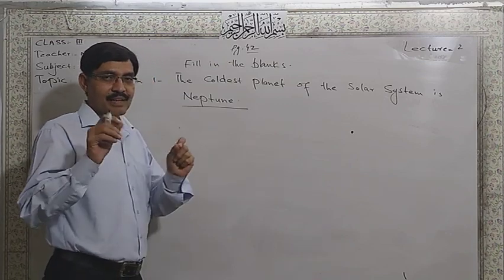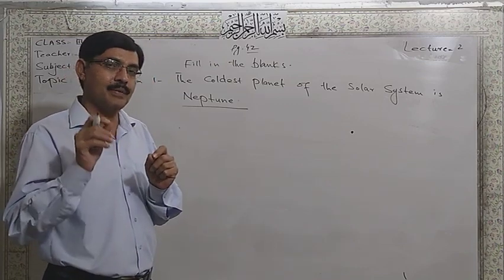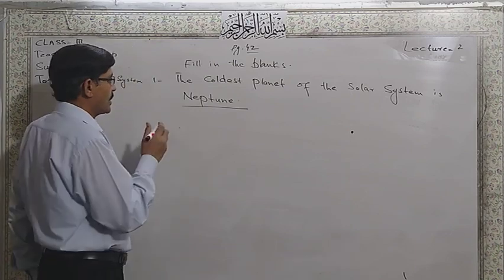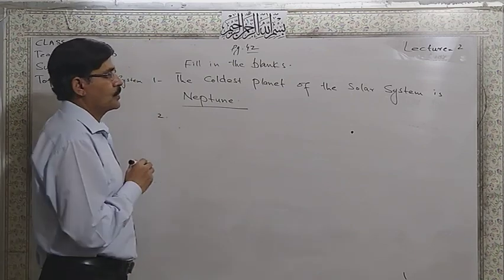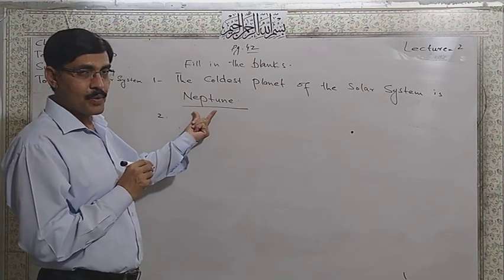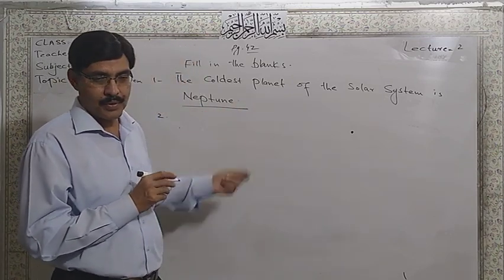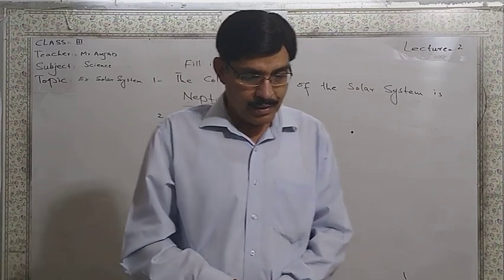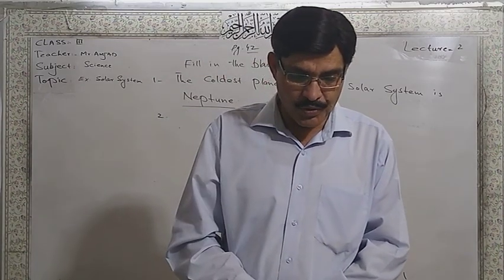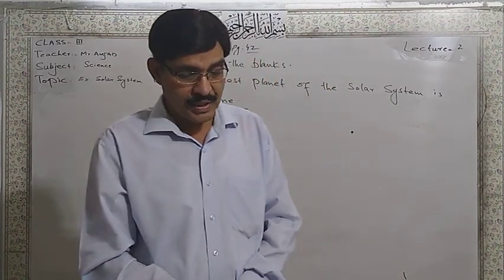Now dear student, I just write only the answer, okay, only the blanks, whatever the words are there. Number 2, you have to write like this: the coldest planet of the solar system is Neptune. The second one, the largest planet of the solar system is, what is that one?